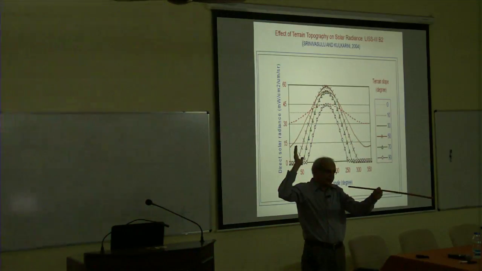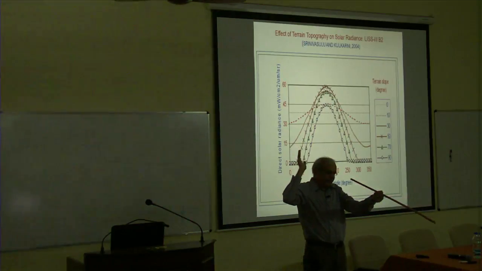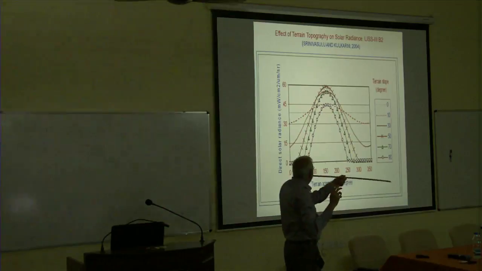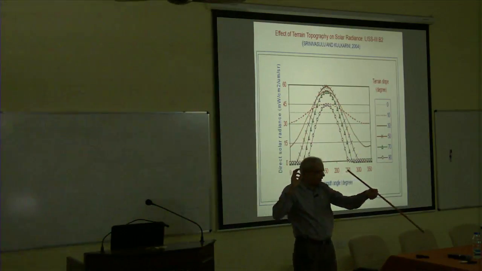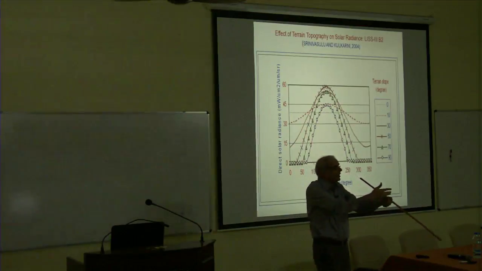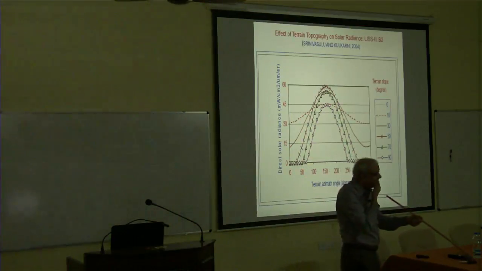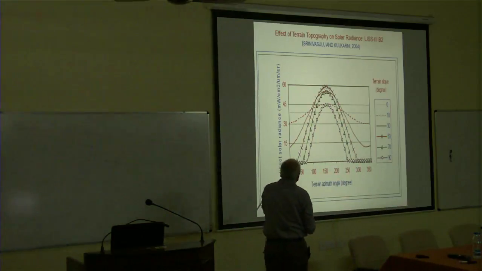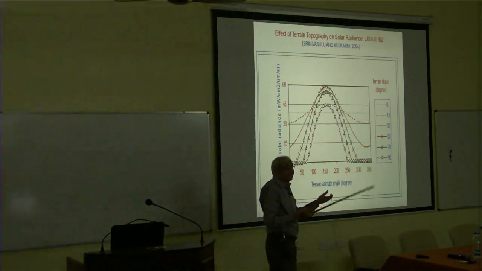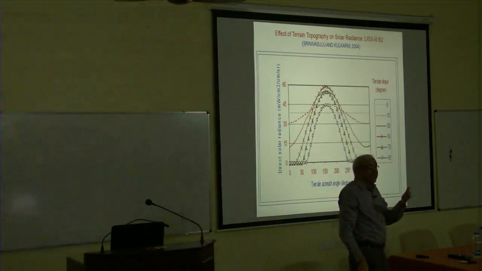So as it slopes, at horizontal you get a certain energy. As the slope increases, at around a 50-degree slope from horizontal, this land will come under mountain shadow. So how much energy is coming will vary.